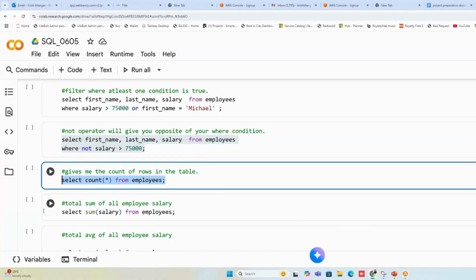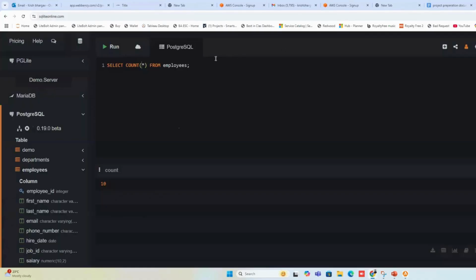Then I have one more. SELECT SUM(salary) FROM employees, which means give me the total sum of salary. It'll add all the salaries and give me the total sum of salaries.